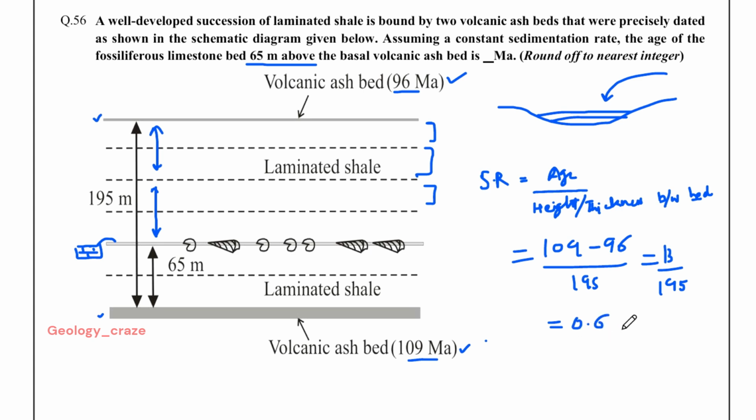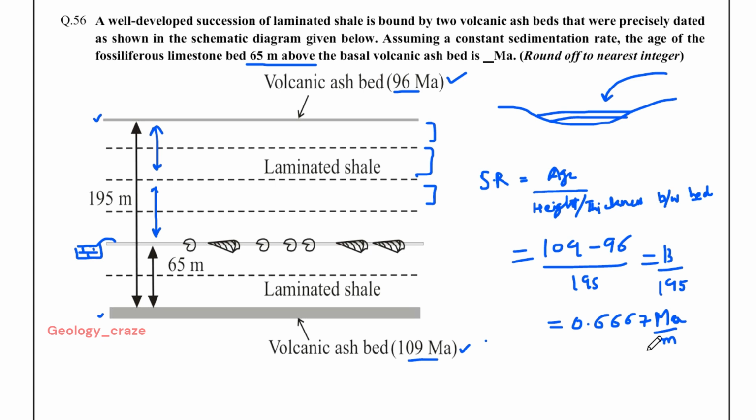I will tell you one direct method also. Age per meter, this is per million years, for one meter. This is the rate for per meter.